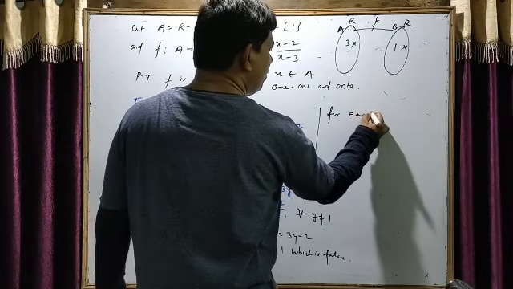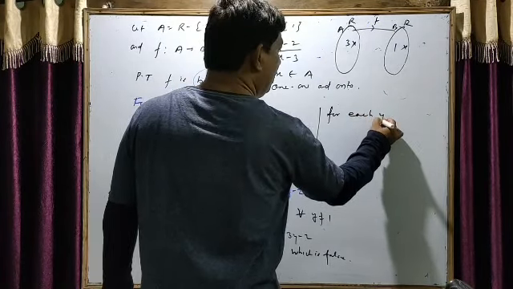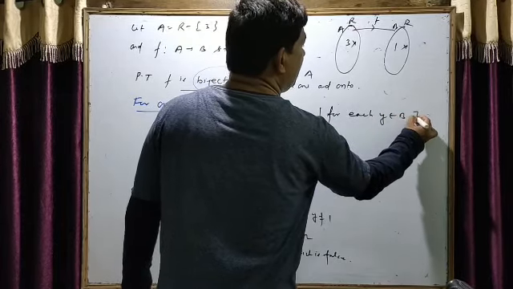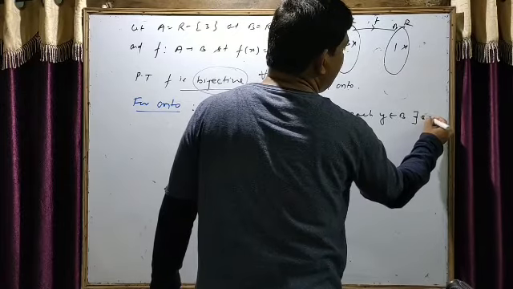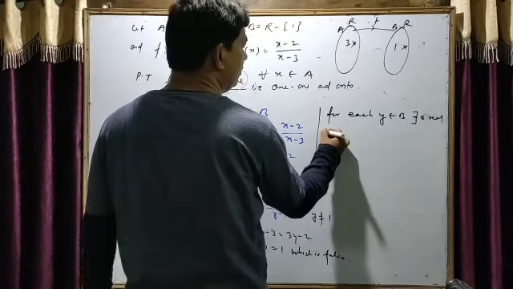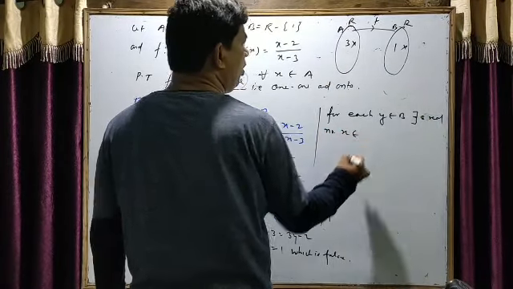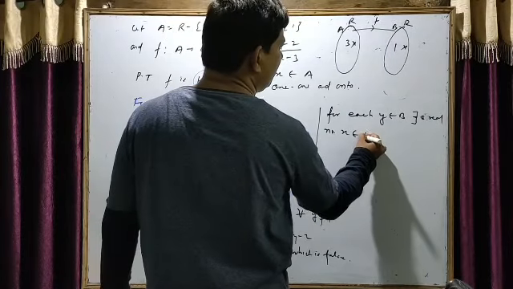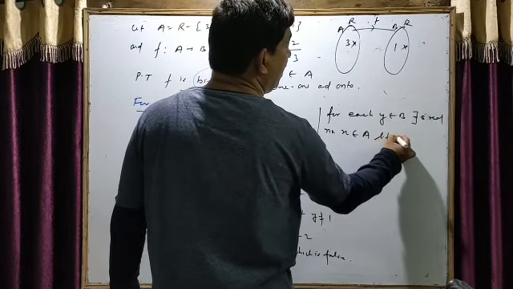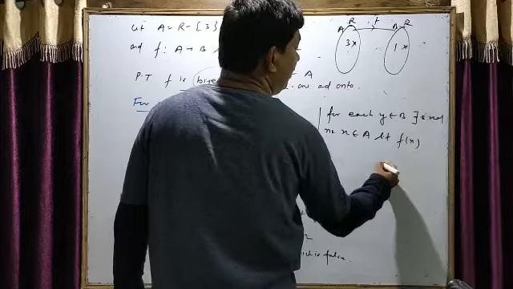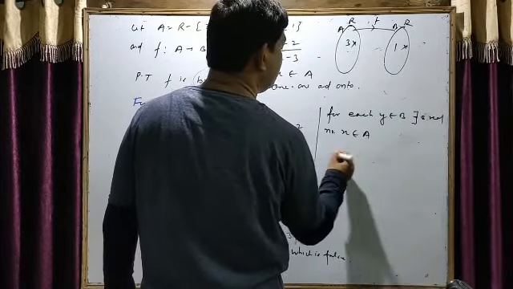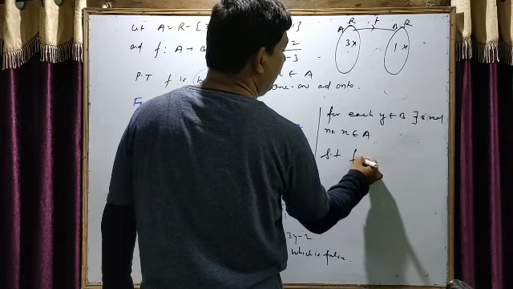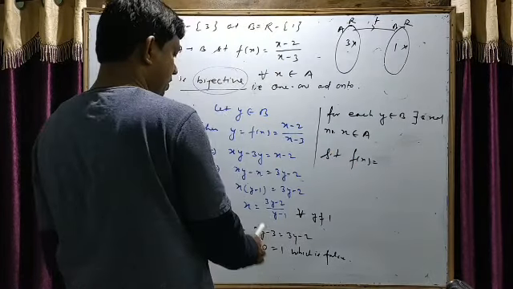Now for each y belongs to B, there exists a real number x belongs to A such that f of x is equal to y. What is x?